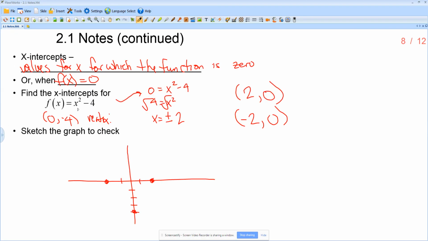In this case, there's nothing there, so it's 0. k is whatever's been added to the squared, so k is negative 4. So our vertex, (0, negative 4), is the same thing as our y-intercept here. And I have this parabola going through.